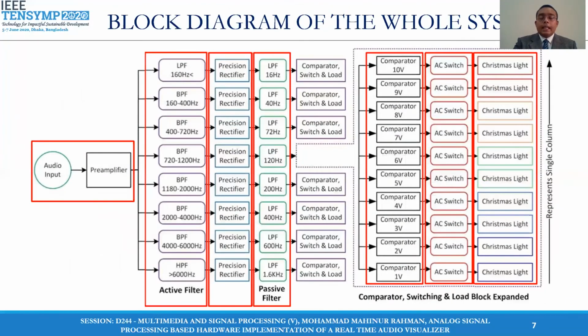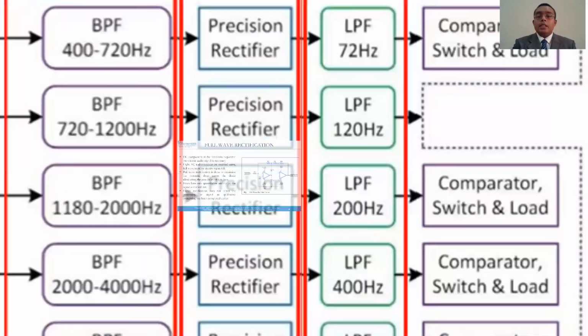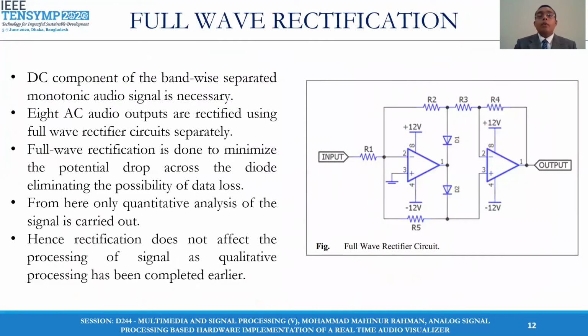The signal from each band passes into the precision rectifier block, where we do a full wave rectification on the audio signal, because the DC component of the band-wise separated monotonic audio signal is necessary. For each of the 8 bands, 8 rectifiers are there, all operating in the same way.